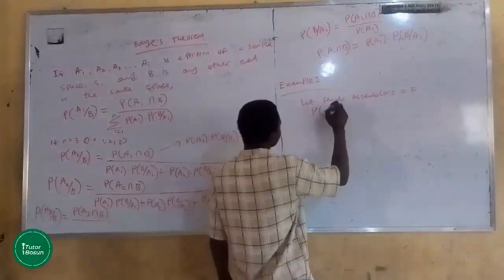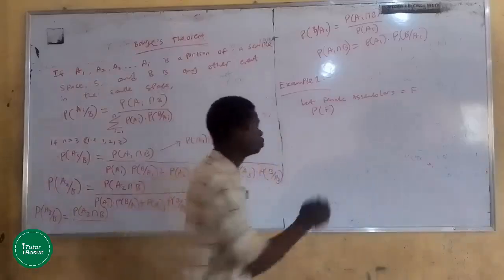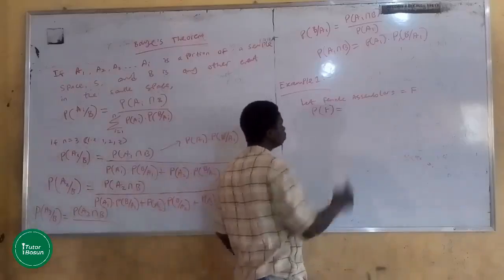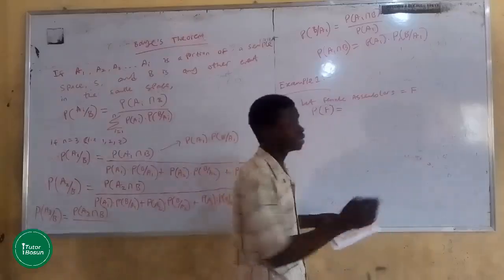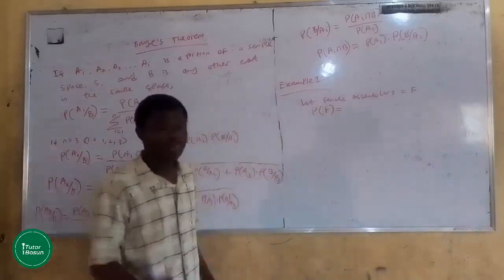So the probability that it is assembled by female is 30% divided by 100, that's definitely 0.3.